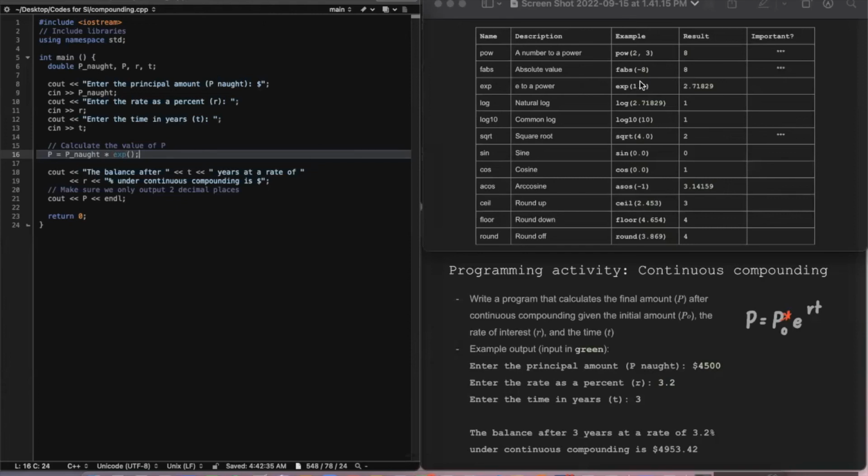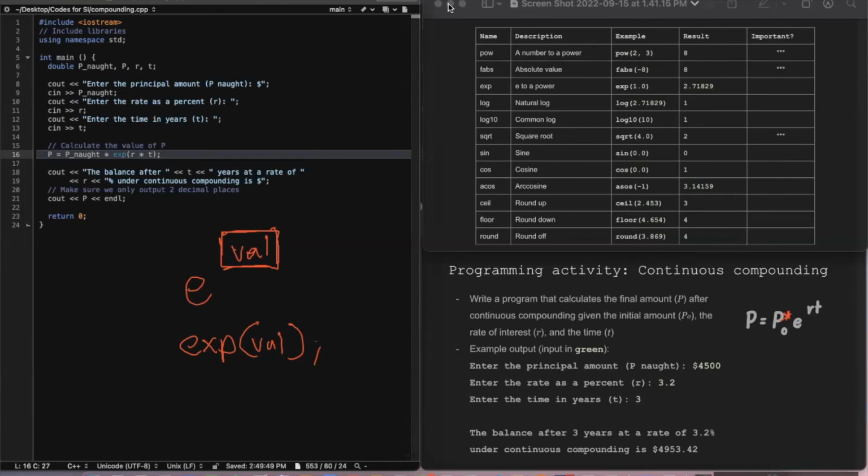This is the exact same thing as writing E, and whatever's in your parentheses goes in the exponent. So in my parentheses, I'm going to multiply R and T and save that.